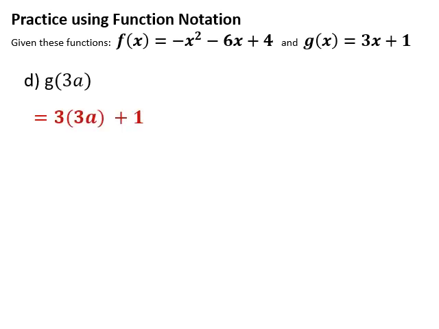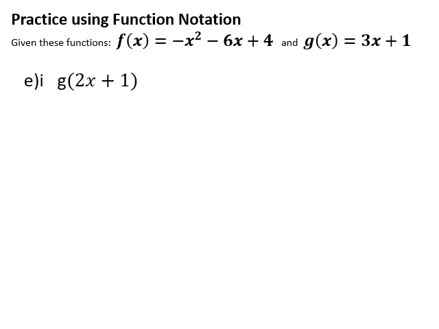All right, so we simply go to g and instead of x, we plug in 3a and then we simplify. So this one, again, is not going to have a number as an answer. It's going to have an expression. So 9a plus 1.